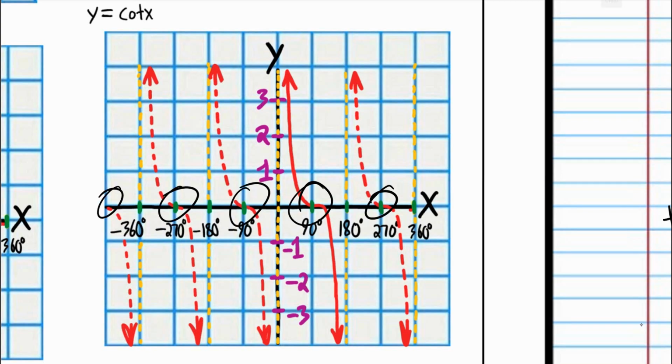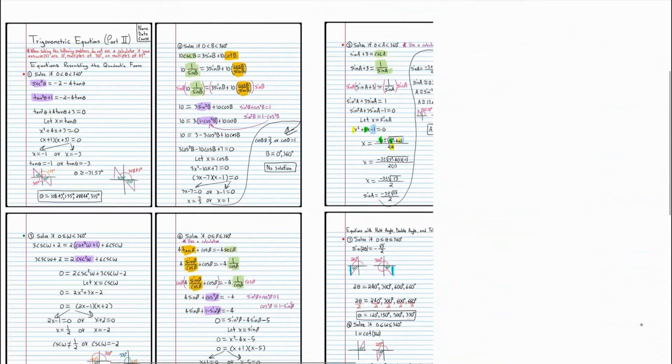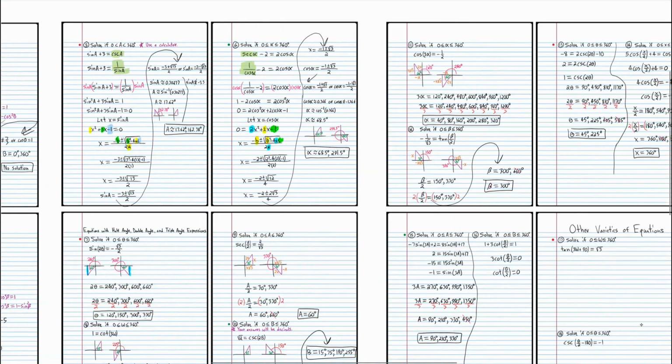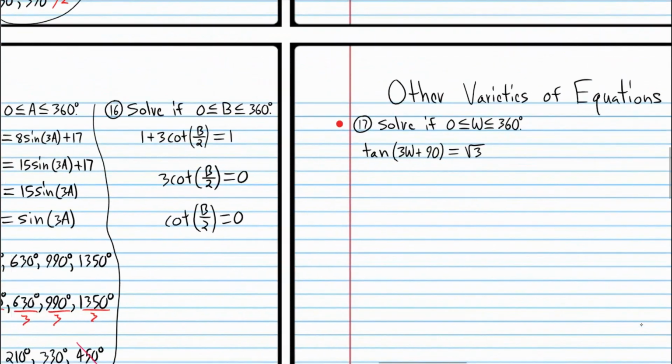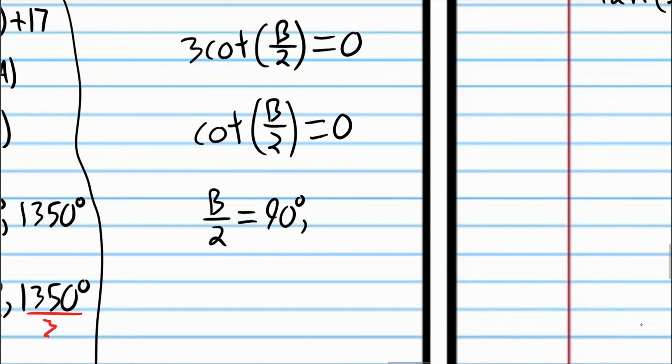So it looks like we could start at 90 and add 180, or subtract 180, to get to the next values. So 90 plus multiples of 180. So b over 2 can be 90. And if we add 180, we get 270.